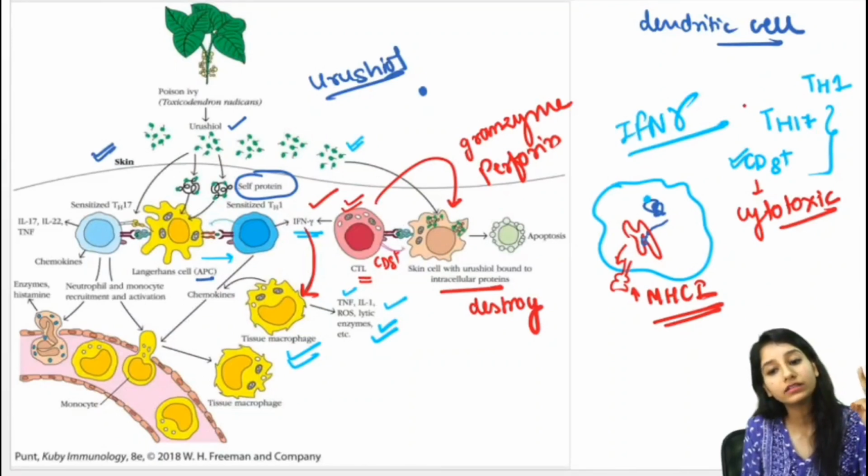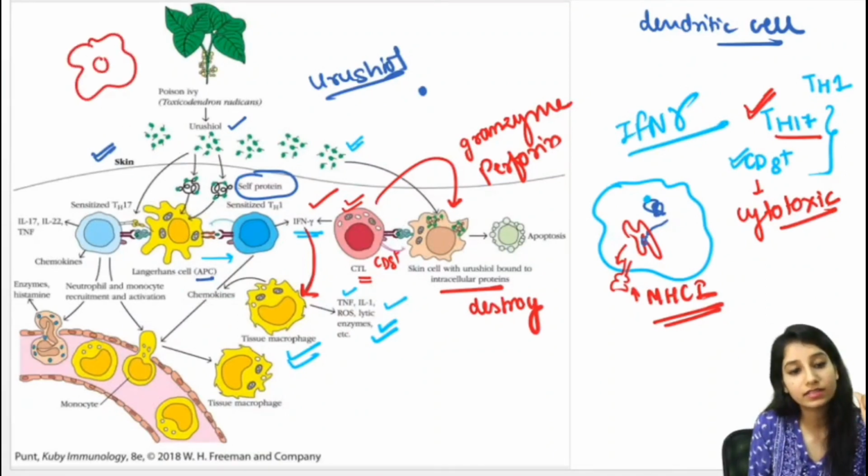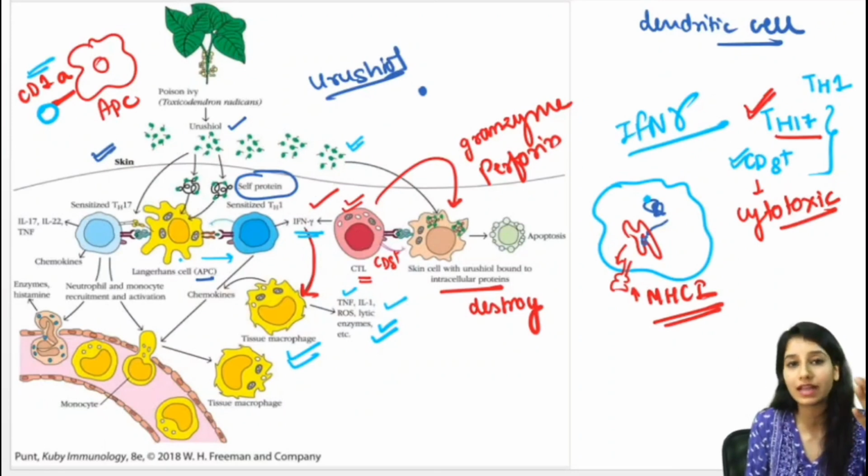Now the third part, in which urushiol has to activate the Th17 cell. The third condition is similar. This urushiol has come inside our skin. This APC cell contains a protein on its plasma membrane that is known as CD1A protein. This urushiol will come and bind with this CD1A protein that is present on this APC or Langerhans cell.